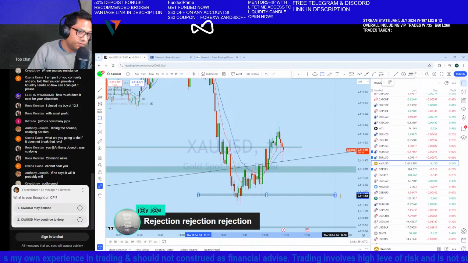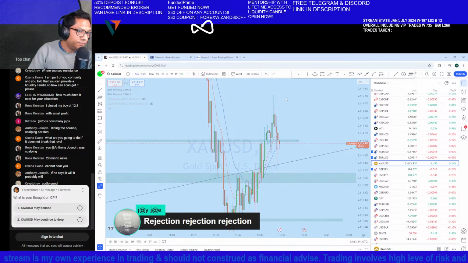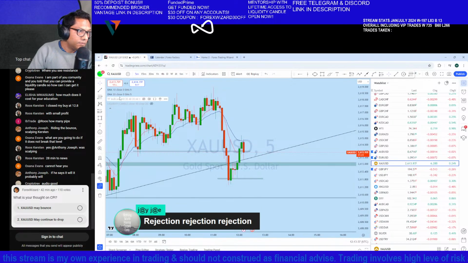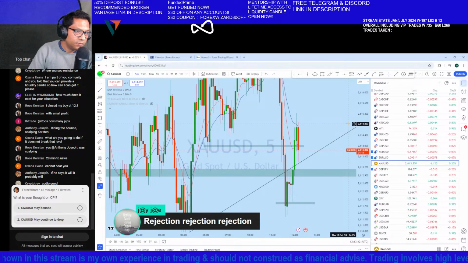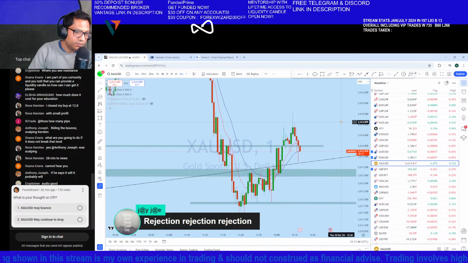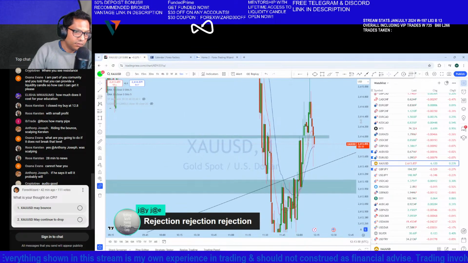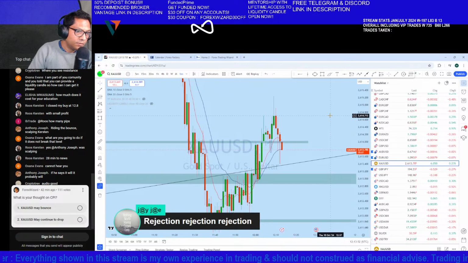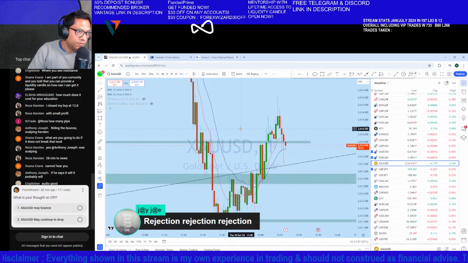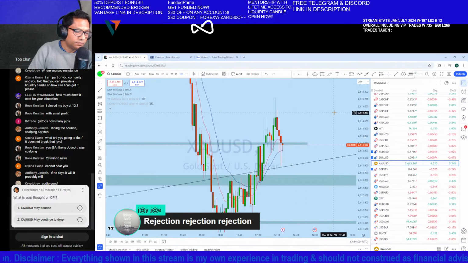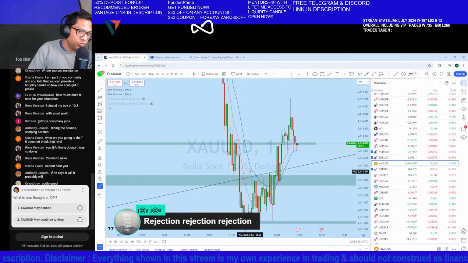It's an important support. It's a very weird price action.